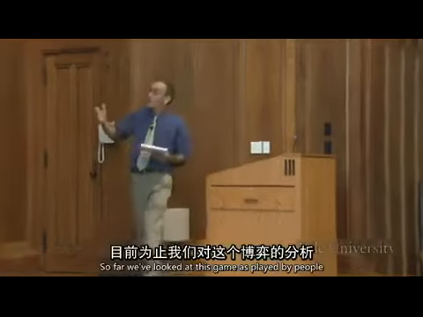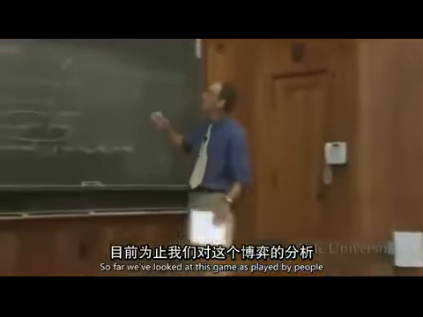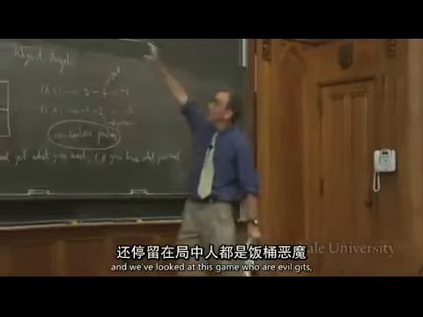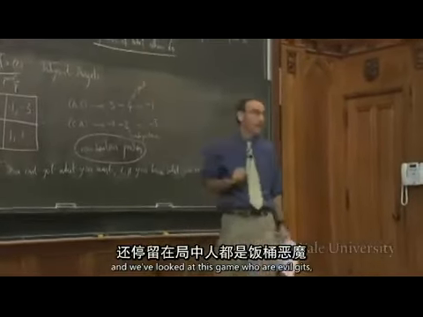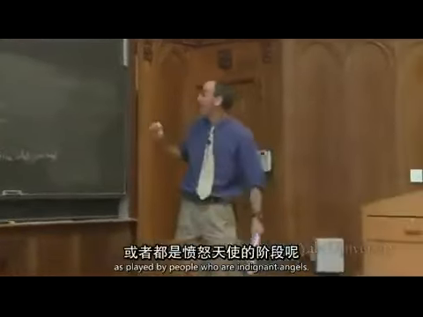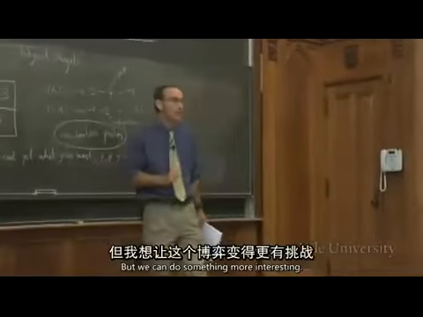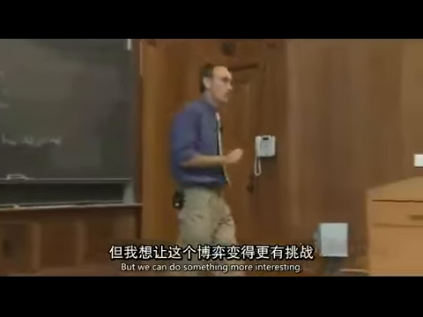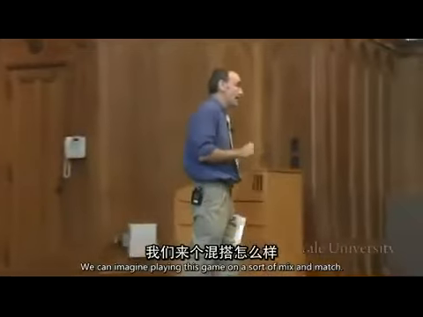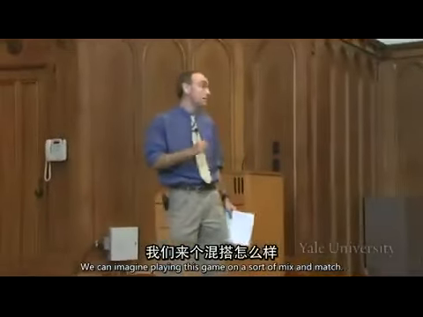All right. So far, we've looked at this game as played by people who are evil kids. And we've looked at this game as played by people who are indignant angels. But we can do something more interesting. We can imagine playing this game on a sort of mix and match.